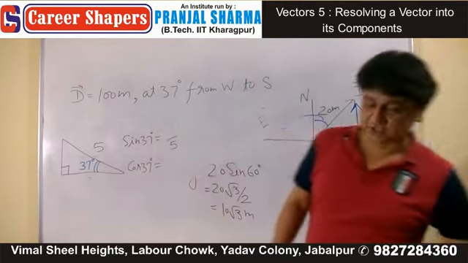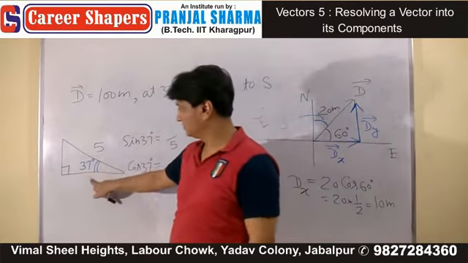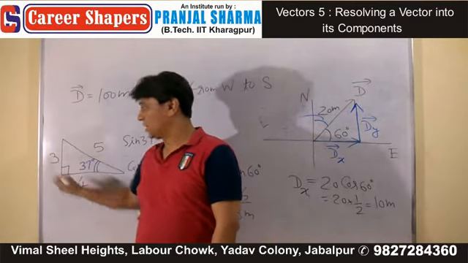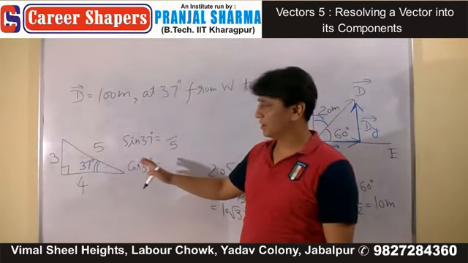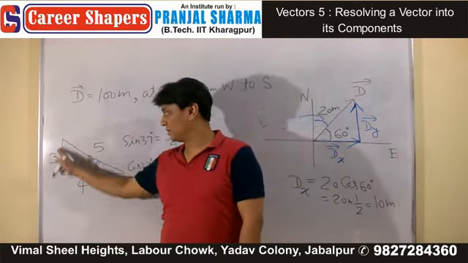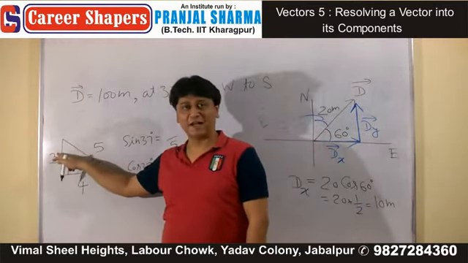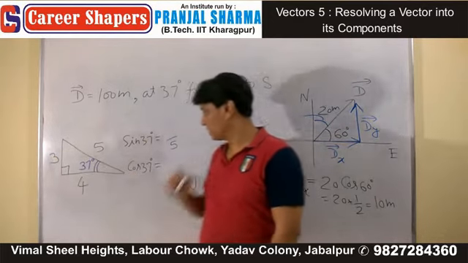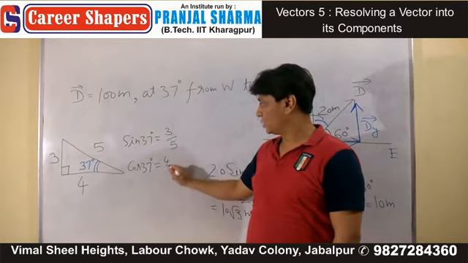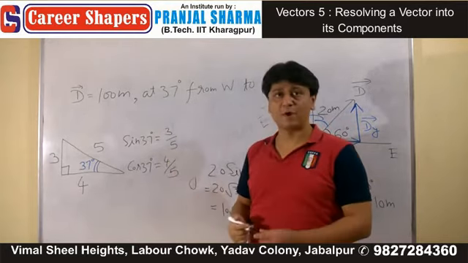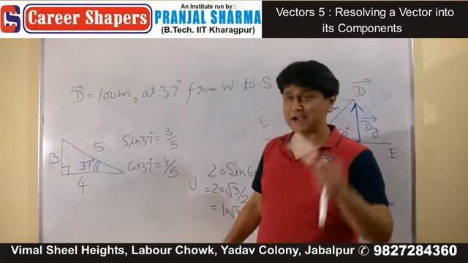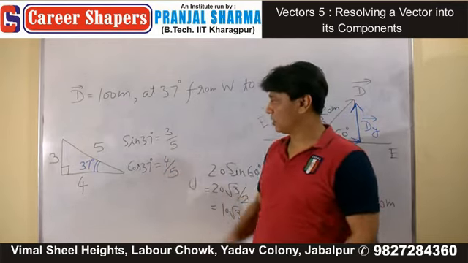If this is 37, then your base is 4, and this perpendicular is 3. Now everything is correct. What is sine 37? 3 by 5. What is cos 37? 4 by 5. Remember these standard values of sine and cos.